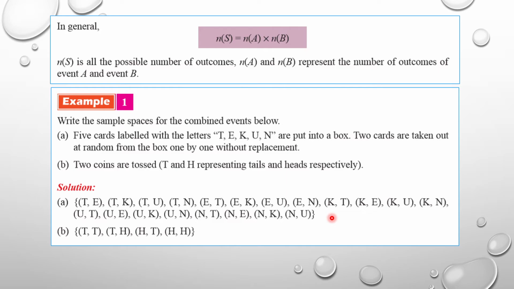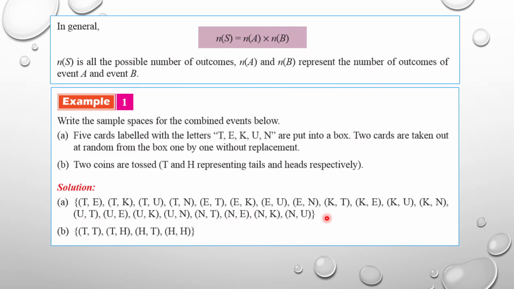So here, if you are using the box method, you prepare 2 boxes. For the first box, you can put in 5 options. Since after one card is taken from the box, it is not being replaced into the box again, meaning that for the second box, you have only 4 options.